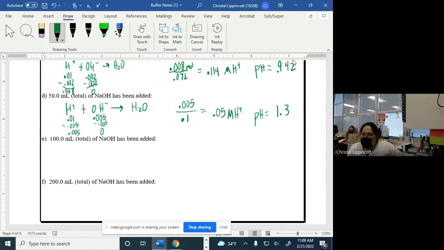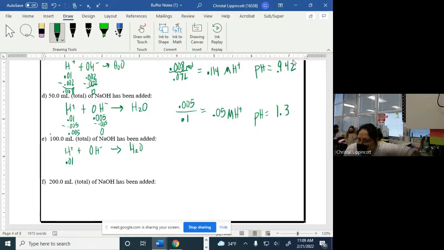All right, now we are at the equivalence point. Okay, so let me prove that to you. You double the number, right? So here I have 0.01 of this. This I have how much now? What's my moles?